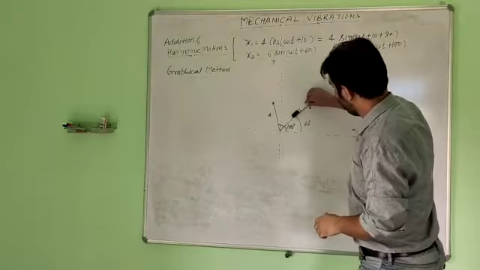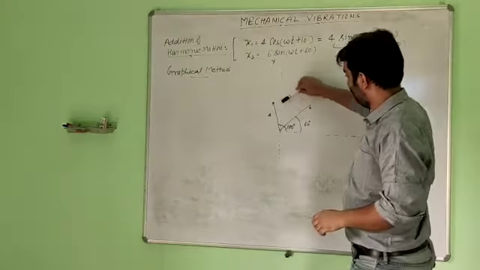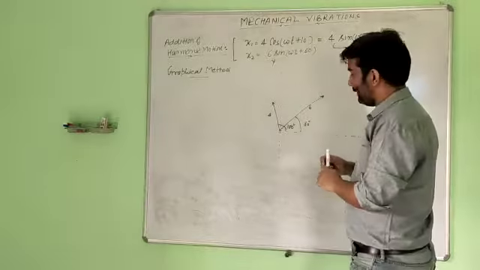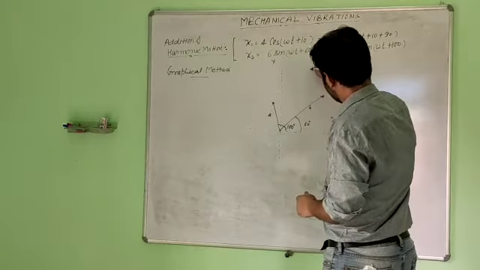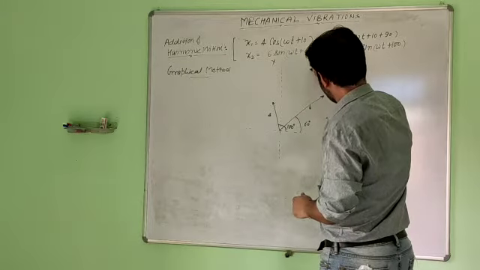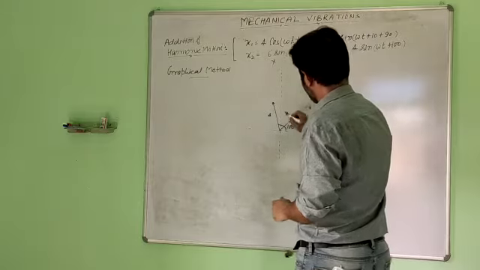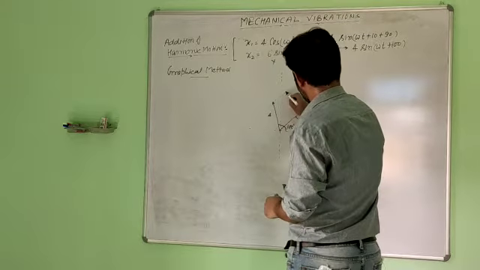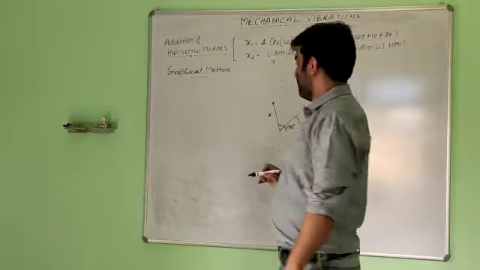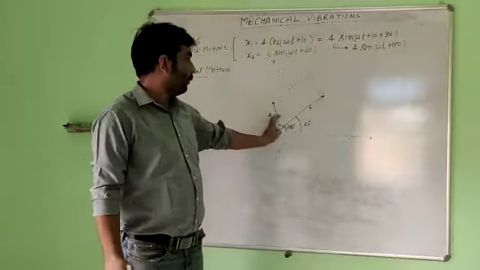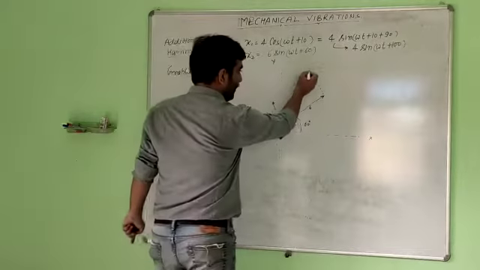Just draw a parallel line from here to here. In a parallelogram the opposite sides are equal and parallel, so we draw the parallel line corresponding to 4, and the second parallel line like this.